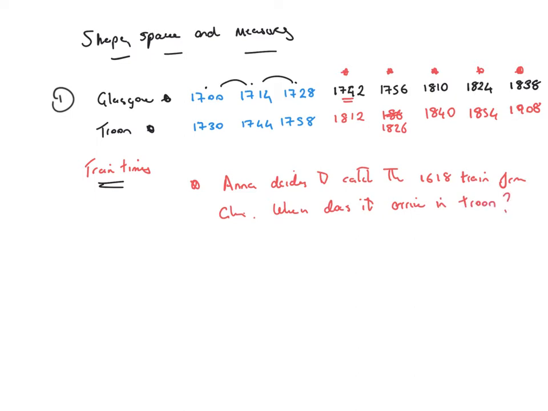Okay, so that's a 30-minute service. So from 16:18, 30 minutes on, well, 10 minutes on will be 16:28. Another 10 is 16:38. Another 10, which would make up your half hour, your 30 minutes, 16:48 hours.